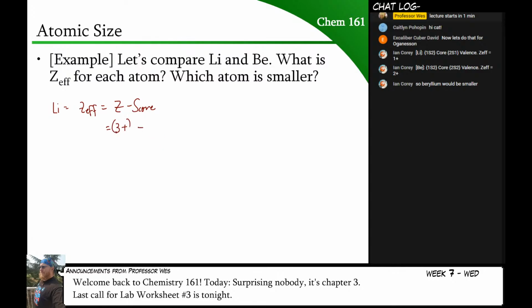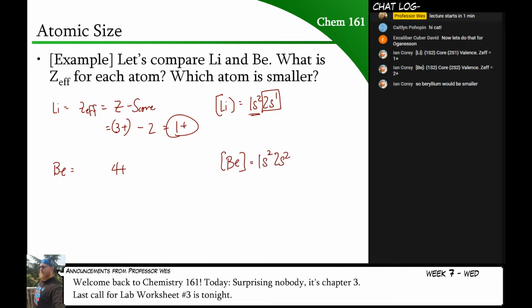I have a charge of 3 plus in the nucleus, minus how many core electrons there are. Well, for lithium, the electron configuration is 1s2, 2s1. There's my valence electron. There's my core electrons. And then we'll do the same thing for beryllium. So same equation, but there's my valence electrons, same core electrons.